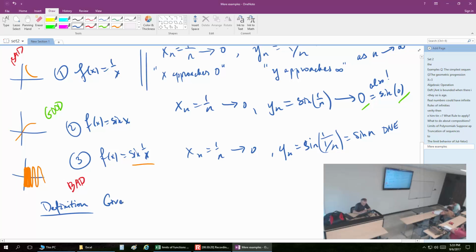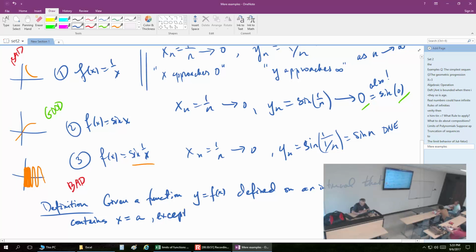Given a function y equals f of x, defined on an interval, say, on an interval that contains x equals a, except possibly x equals a.